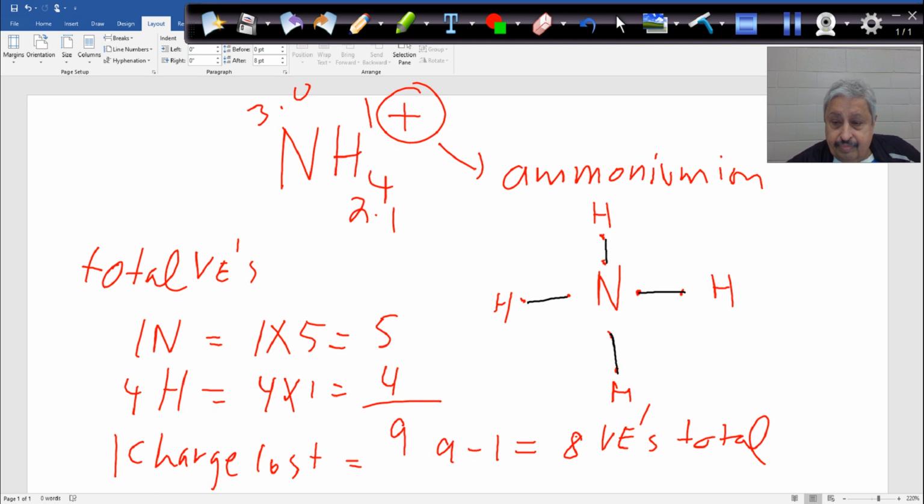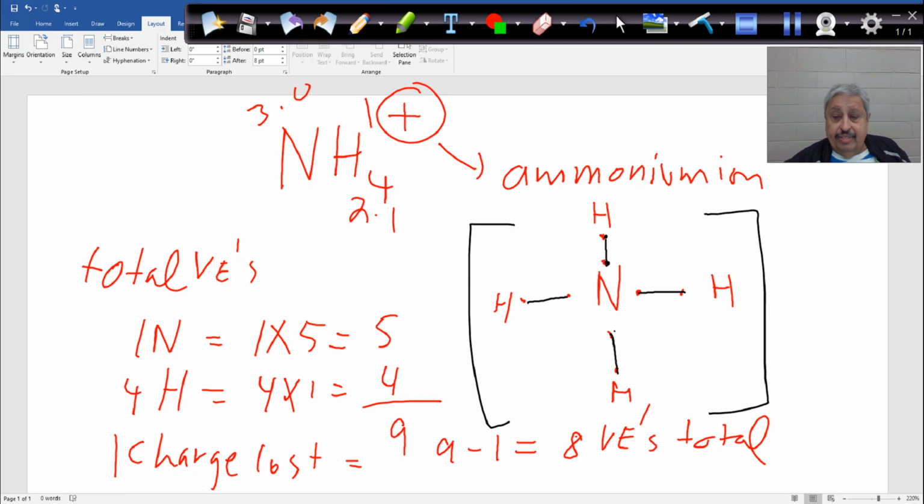So this is NH4. And then I put the whole thing in brackets because nitrogen is missing 1 electron, correct?